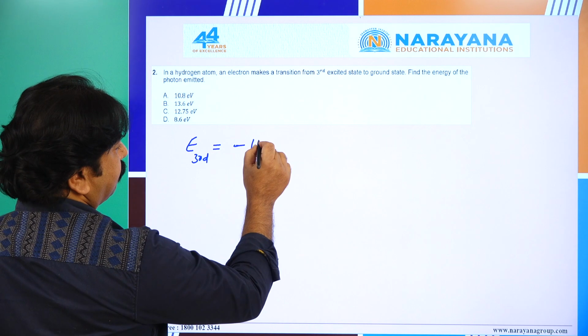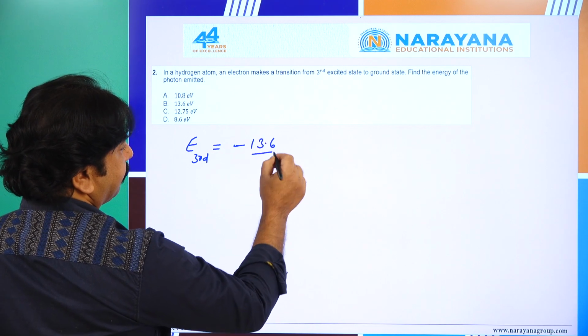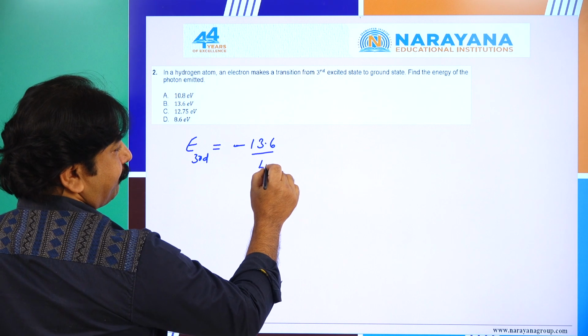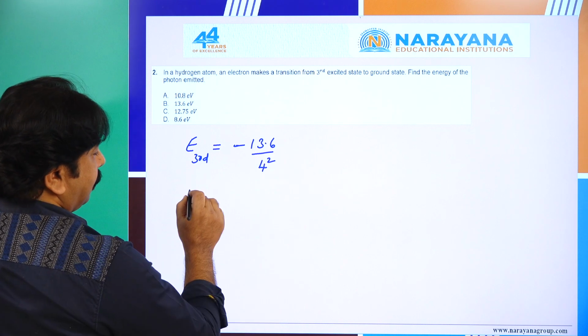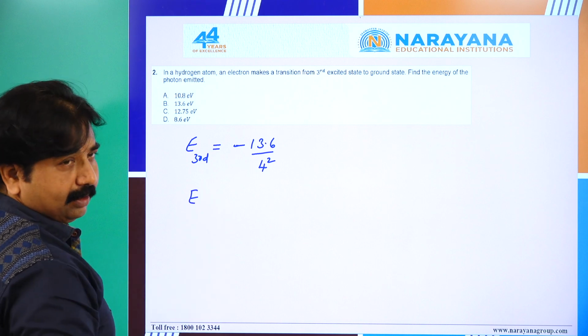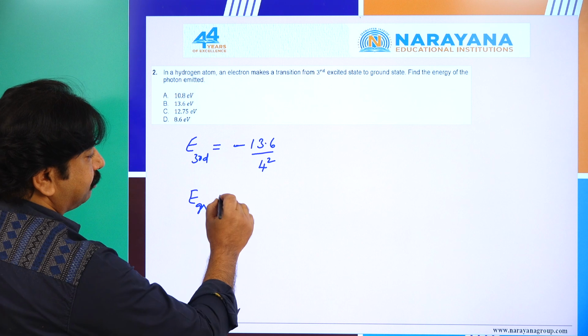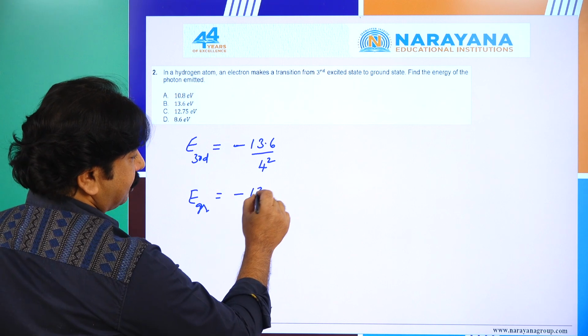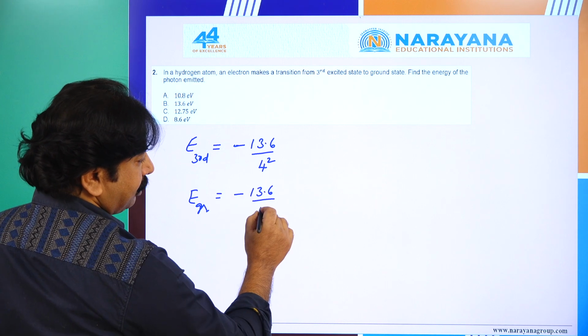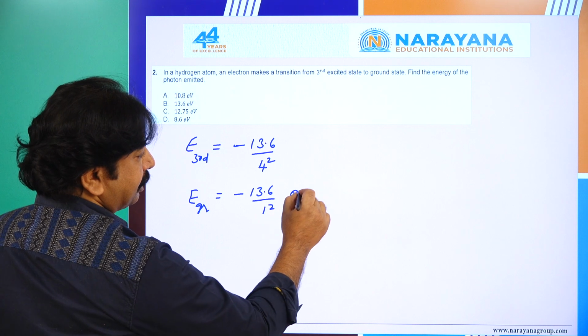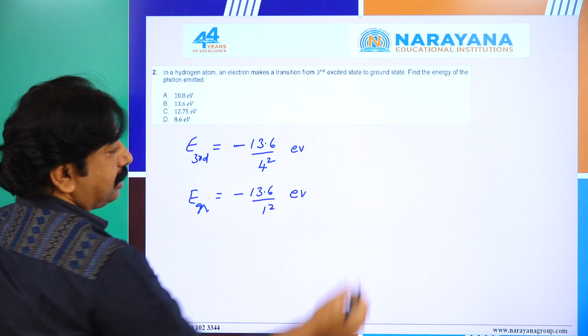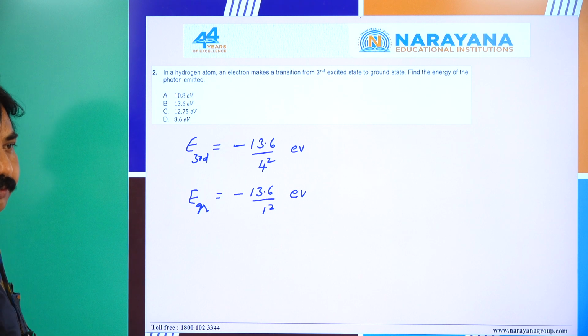So this is equal to minus 13.6 by 4 square. Similarly, the energy corresponding to the ground state is minus 13.6 by 1 square electron volts.